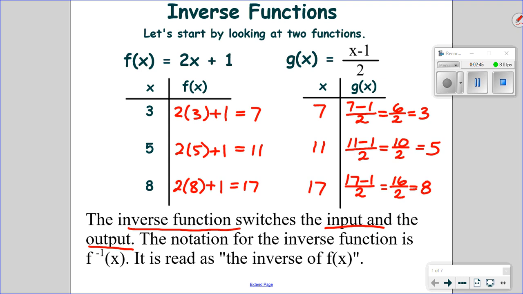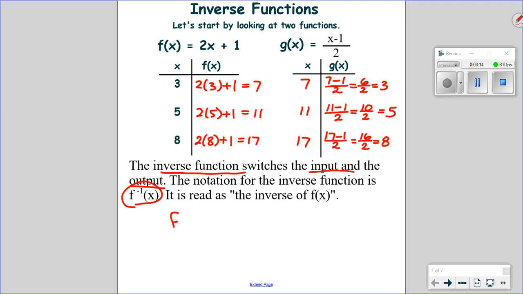Okay, let's talk about some notation. So the notation that we use to represent the inverse function looks like this. We would read that notation as the inverse of f of x. Now, sometimes this notation is a little confusing because it kind of looks like f of x is being raised to the negative 1 power, but that really is not what that notation means. In fact, this notation does not equal 1 over f of x, okay?